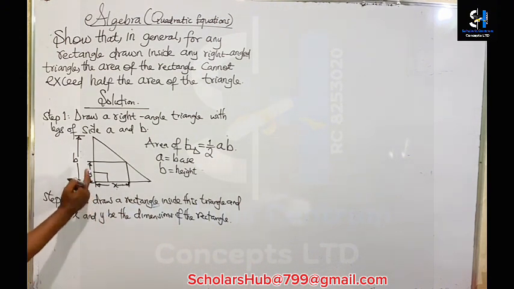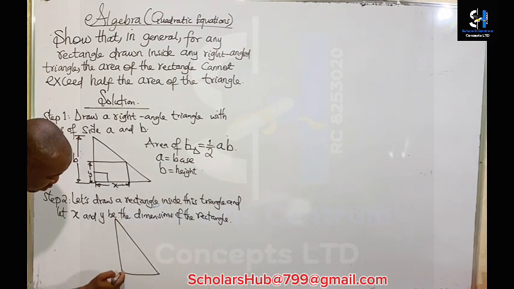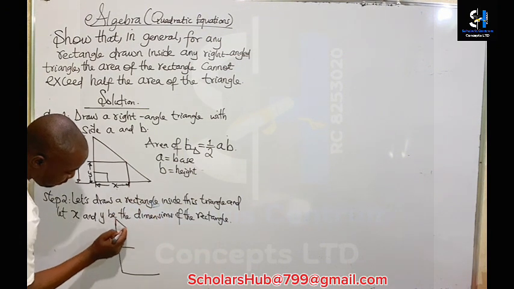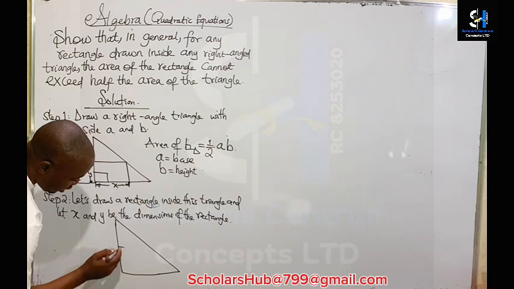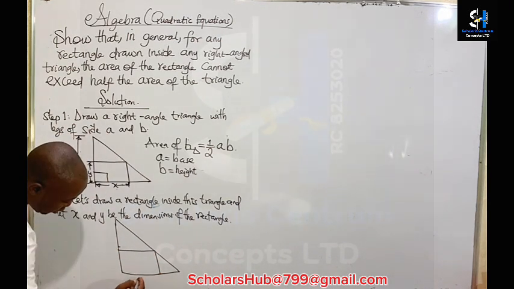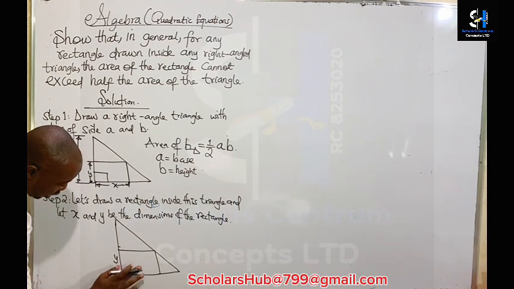So let me redraw it here. This is what we have: a right angle triangle, and then a rectangle drawn inside the right angle triangle. This is x, and this is y.